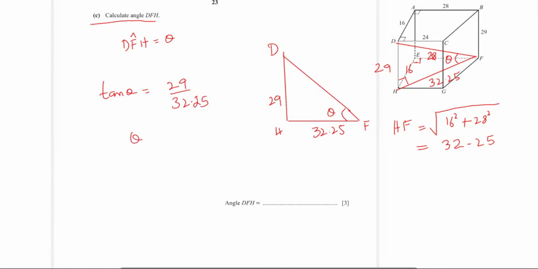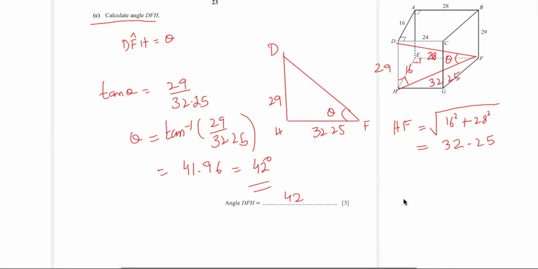Therefore, theta will be equal to tan inverse of 29 over 32.25, and this answer will be equal to 41.96, which can be 42 degrees. This is the angle DFH, and this is the answer.